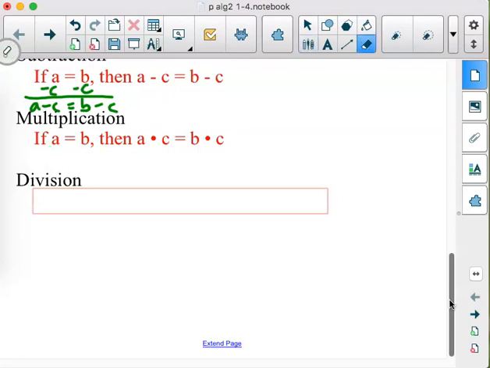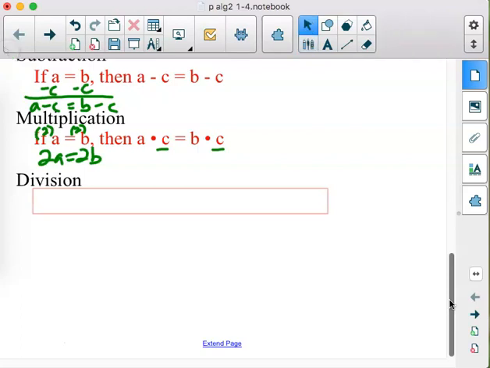This is a little harder. I don't have good space here. But I could multiply both sides by 2, and it would say 2A equals 2B. And it wouldn't have to be a 2, because as this shows us, as long as we multiply both sides by the exact same number, we have that property of equality that helps us with our objective, solving equations.